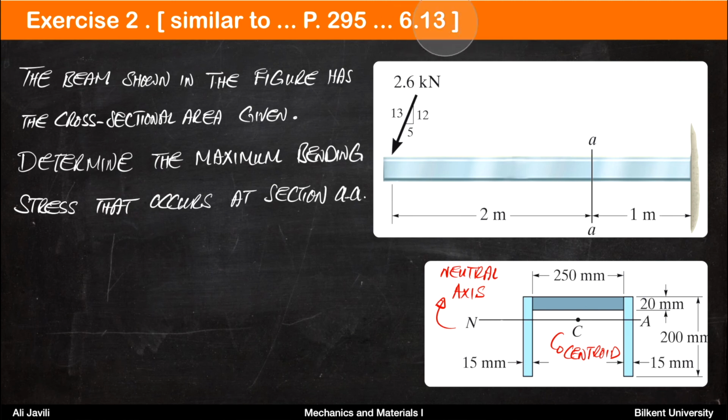Exercise 2 is similar to problem 613 on page 295 of the book. The beam shown in the figure has the cross-sectional area given. Determine the maximum bending stress that occurs at section AA.